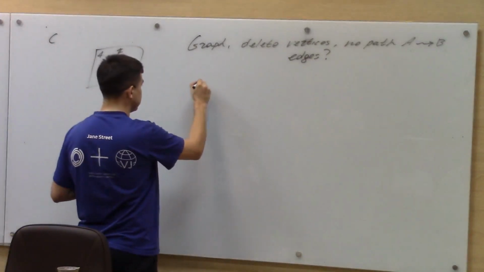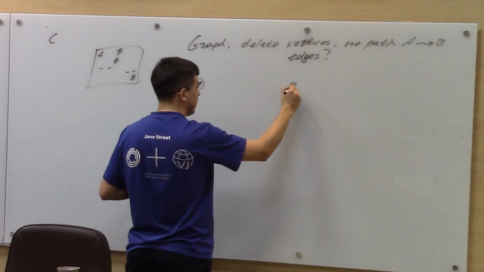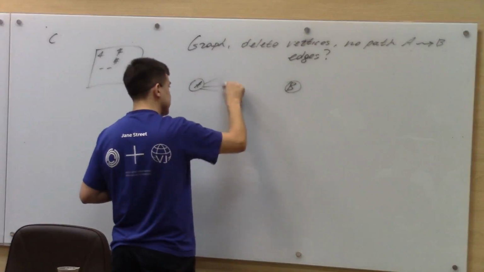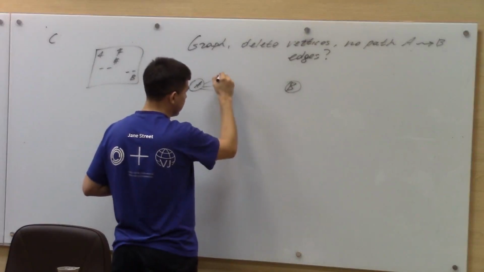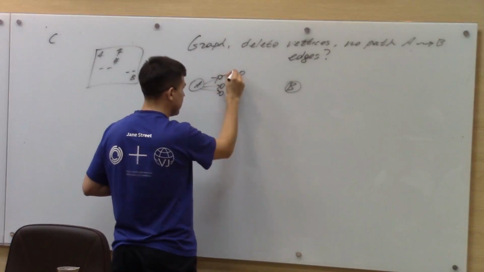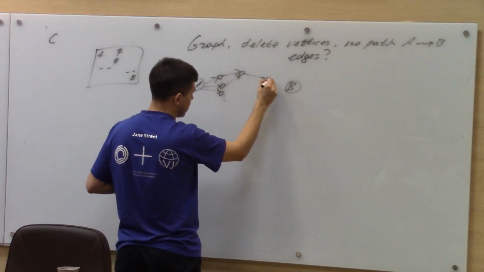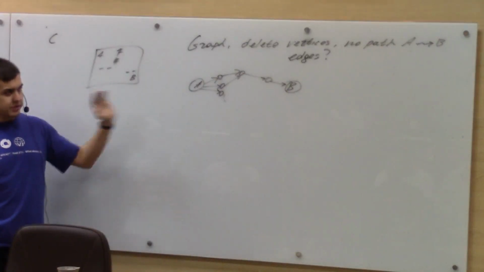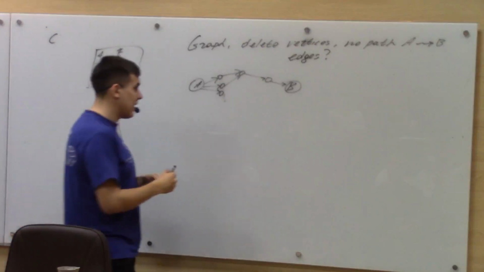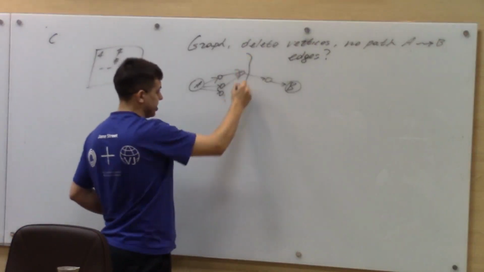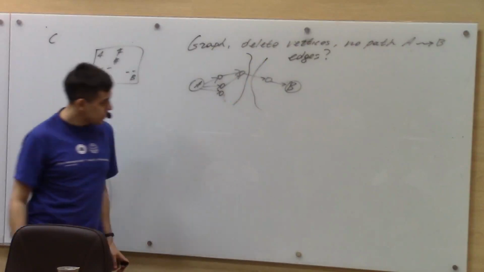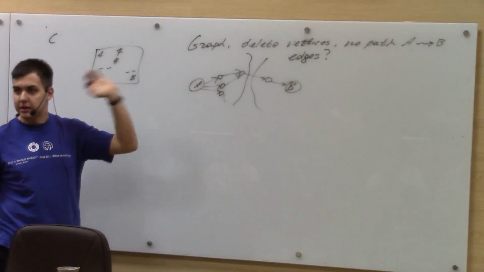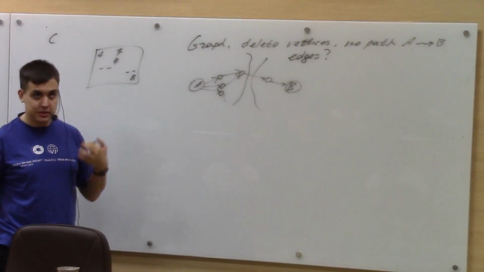So we have the graph, we have the vertex A, we have the vertex B, and we have some edges, undirected ones in this case, but doesn't matter. And each edge has a cost, and this is basically min cut, right? So we want to find the separation of the set of vertices into two sets, such that the cost of all edges from the first part to the second part is minimized.